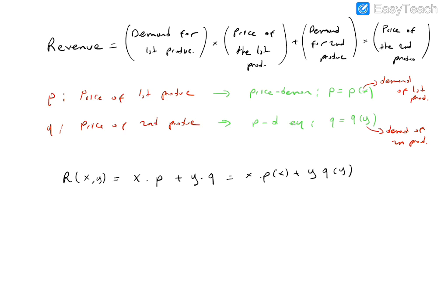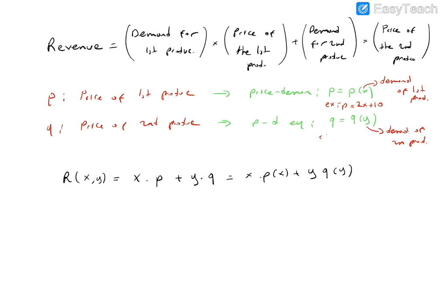So this is a two variable function. For example, let's write an example for p of x. Generally these are linear, so let's say p equals 2x plus 10, for example.